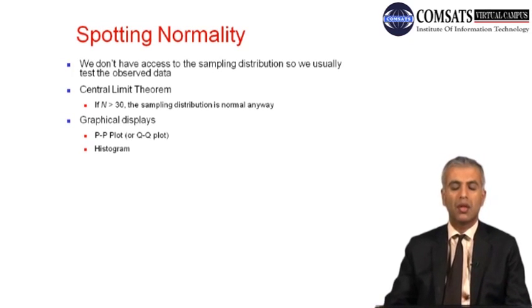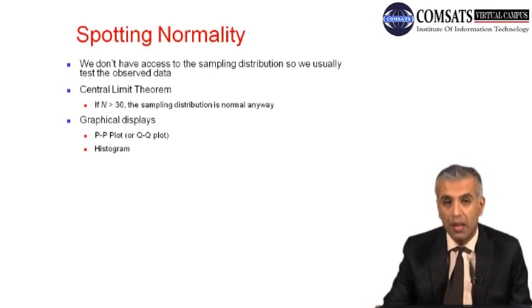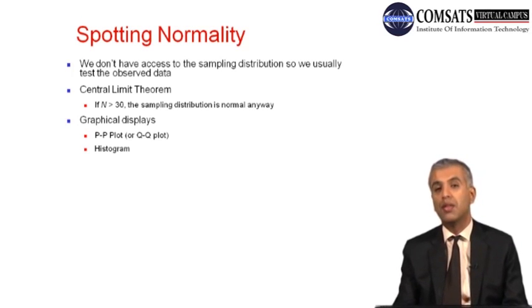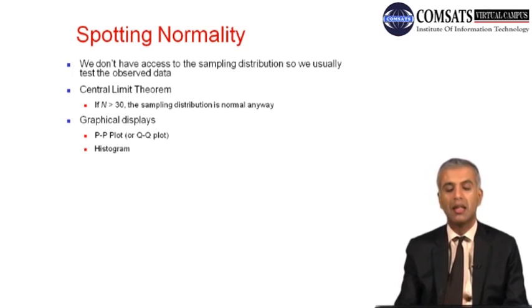We just went through the graphical displays and the procedure of spotting these normality issues. One is the PP plot. Basically we went through the QQ plot, but the PP plot and QQ plot are the same in this case.